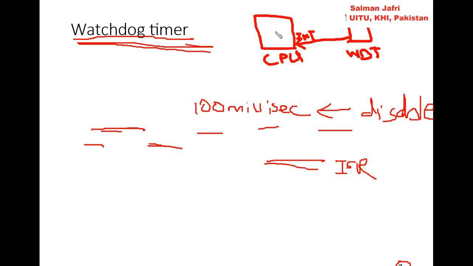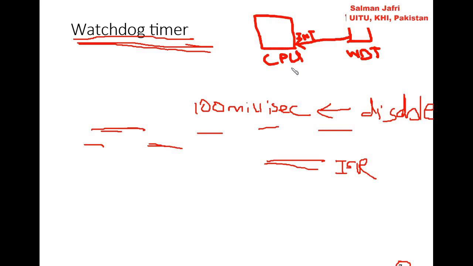We have the CPU that is executing some instruction or operation, and we have this watchdog timer which is running separately. One of the important points about the watchdog timer is that it's a free running timer. What we mean by a free running timer is that the watchdog timer has its own clock source. So the watchdog timer can run even if the rest of the system is not running.